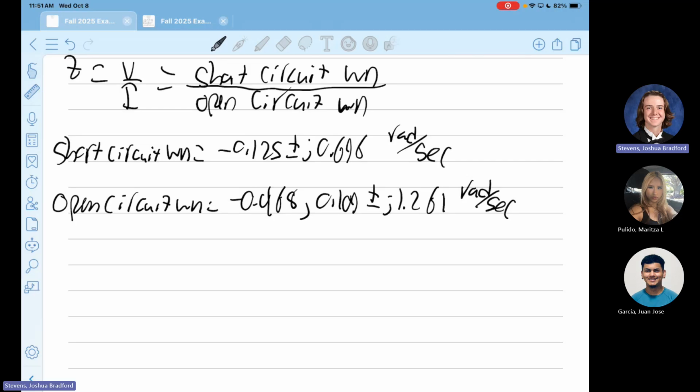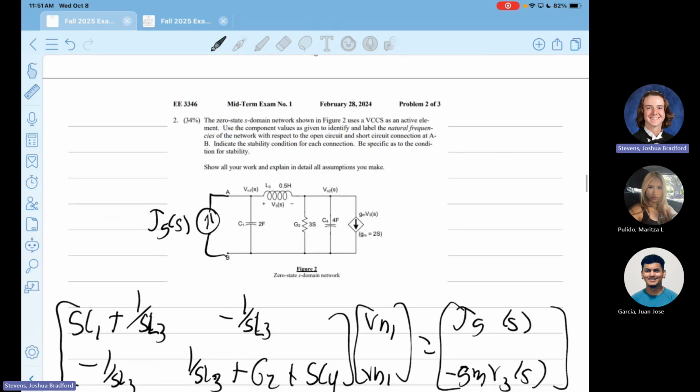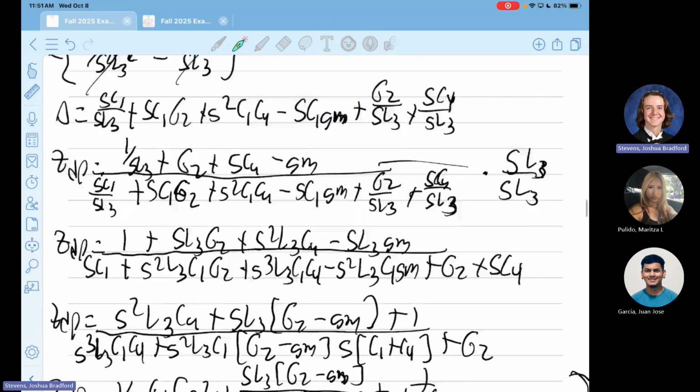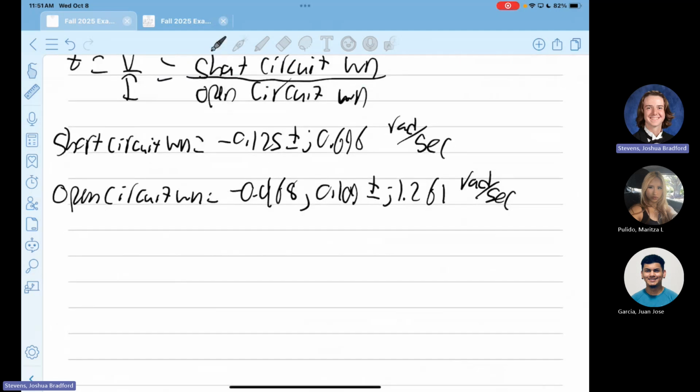I'm going to go back up to the top. So we have determined our open circuit and short circuit natural frequencies. The natural frequencies are with respect to open circuit and short circuit connections. We have to be specific for the stability conditions of each connection. Stability is found in the denominator.